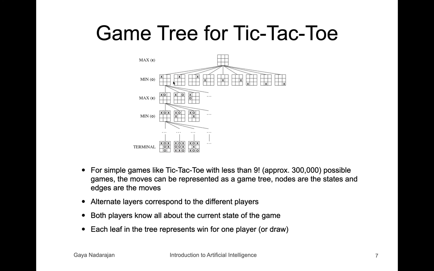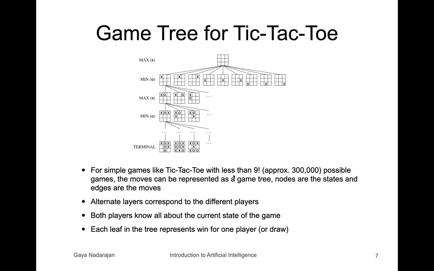Min sees all the different options, and has to put a nought, or an O, or whatever you want to call it. Out of these 9, 1 has been taken, so there are 8 squares left, so Min has 8 possibilities. Then it's Max's turn, and Max will put the X on one of the remaining 7, and so on and so forth. So for a simple game like tic-tac-toe, it basically has about 9 factorial, because 9 times 8 times 7 times 6.